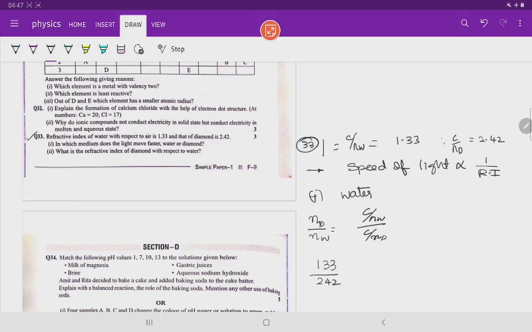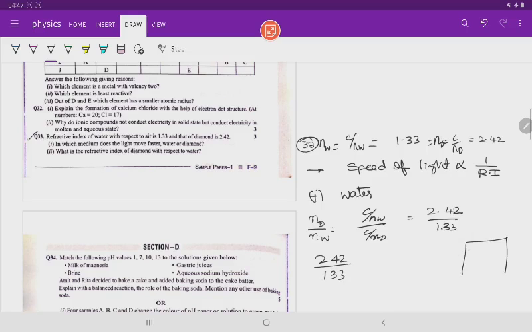So this is the absolute refractive index of water, and this is the absolute refractive index of diamond, and it is inversely proportional to the velocity of light. So then this division will be 2.42 divided by 1.33. When you do it, 242 by 133.